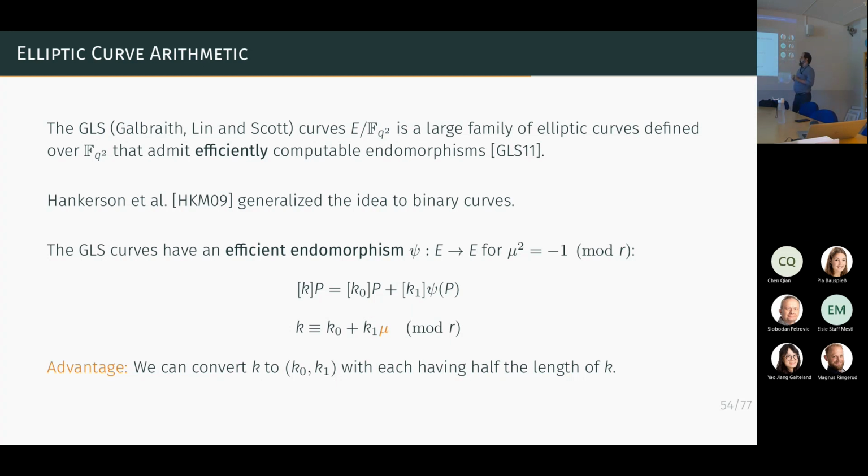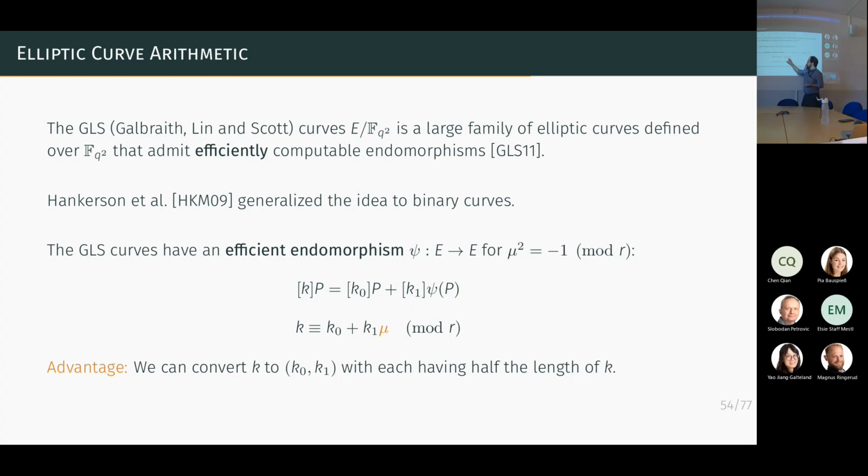If you can do that, you can break the full scalar multiplication into 2 smaller ones. If you can pick a curve that has this map psi, you can convert k into k0 plus k1 times mi, where k0 and k1 are half the size of k. You have a recoding or decomposition algorithm to do that.